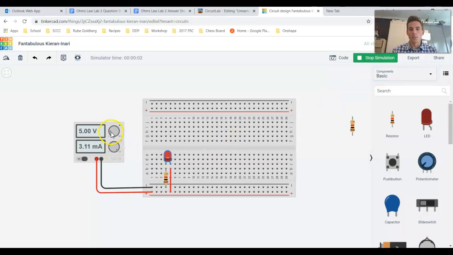So over here, this is our variable power supply. And the question says, okay, start at 0 volts, increase the voltage. What happens to the LED and why? Okay, so you can see what's happening both in voltage and in amperage here.